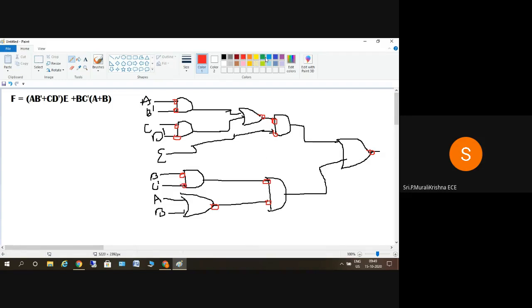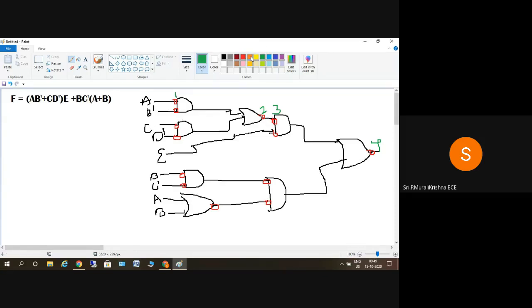Okay, and check the bubbles in each line. This is 1, this is 2, this is 3, and this is 4. Right? And here it is 1, 2, 3, 4.